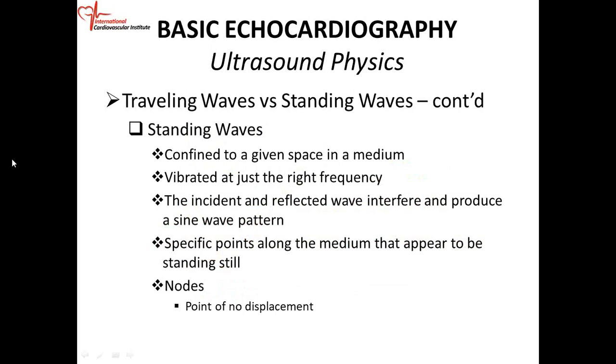Let me just draw that so you can get an idea, because this is how we get harmonics. So this is the concept behind harmonics. Okay, so if this is a boundary, and say we create a wave, we have an incident wave. So we create a sound wave, and it's traveling in this direction.